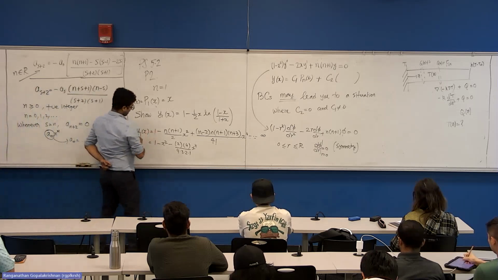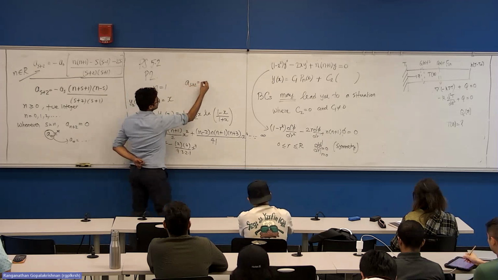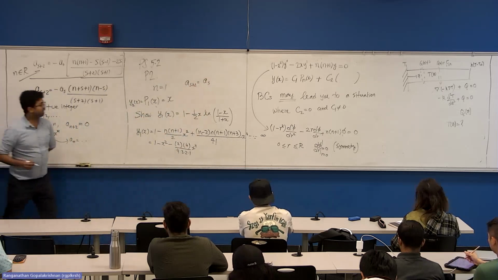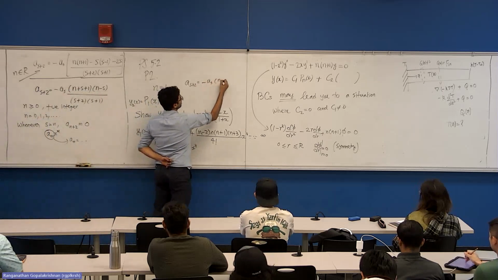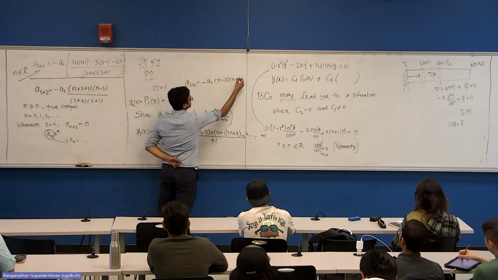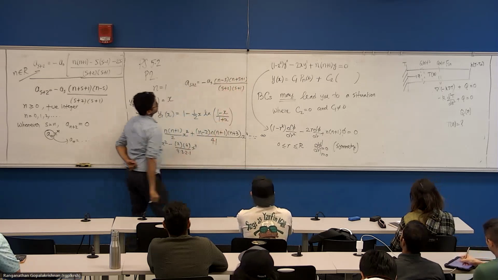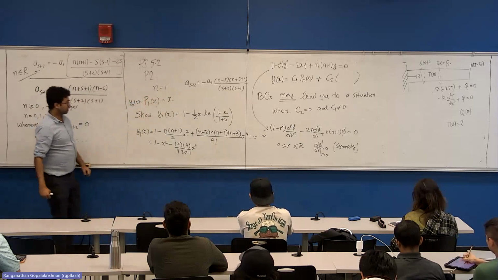And remember, where are we getting this? As plus 2 is as times (n minus s) times (n plus s plus 1) divided by (s plus 2) times (s plus 1). So if you want to write higher order terms, you keep referring back to that formula.